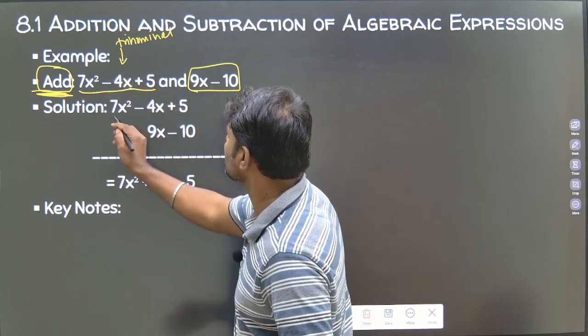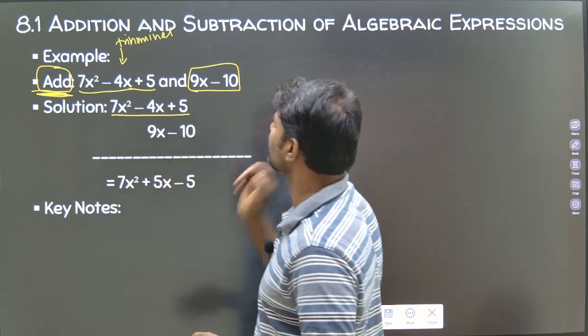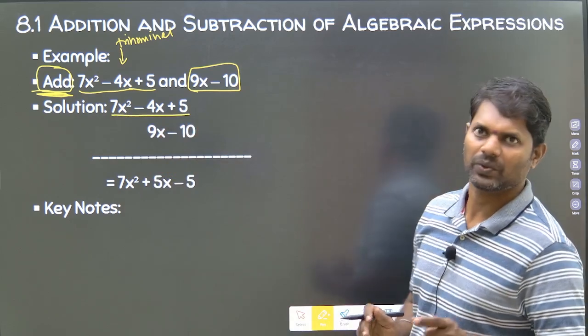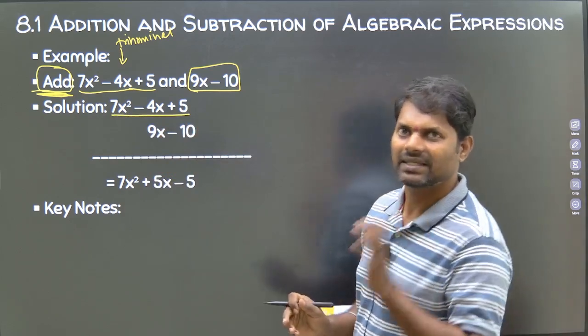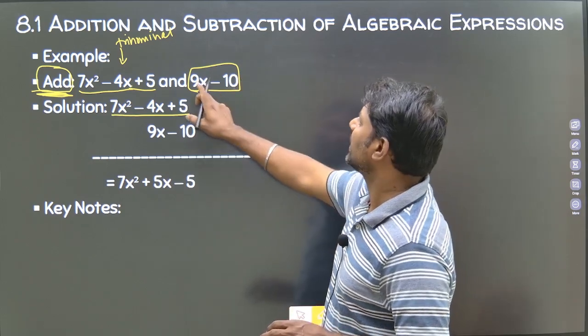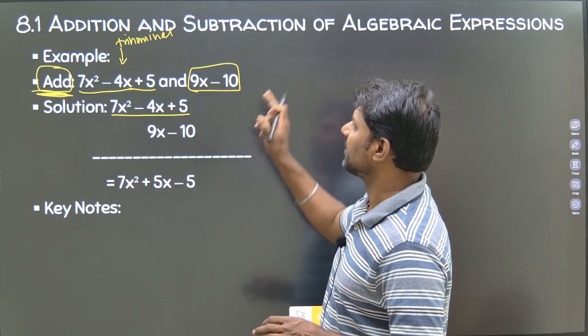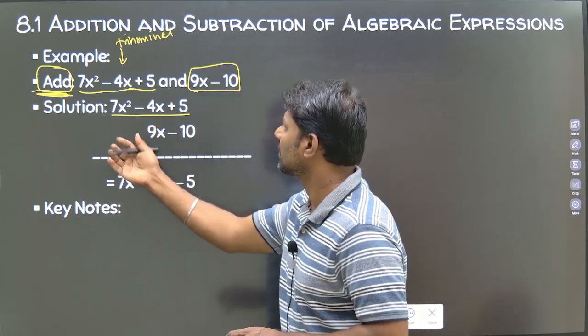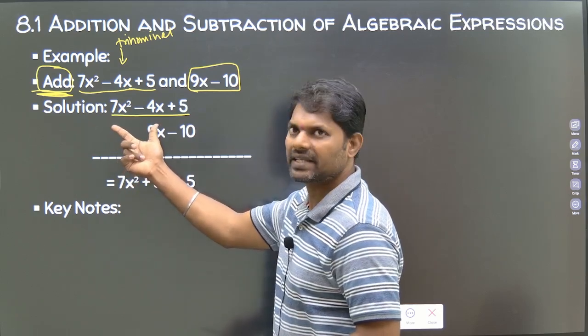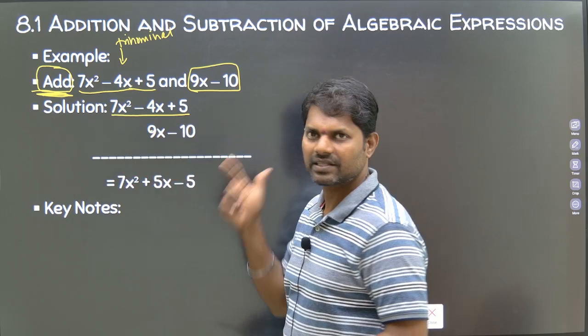So I have written the first expression as it is, 7x square minus 4x plus 5. While writing the second algebraic expression, I have to write 9x minus 10. So where to write 9x minus 10, here or here? That is the question.